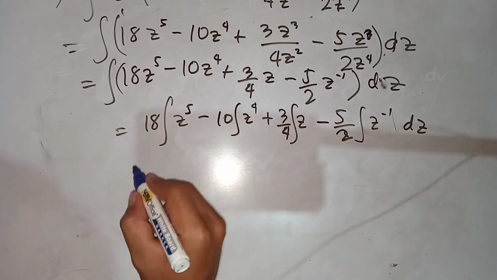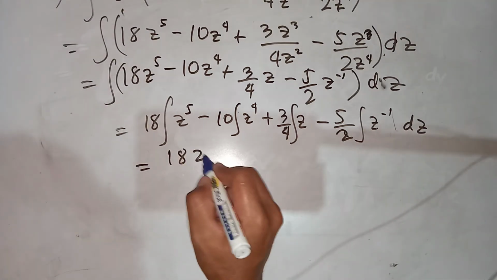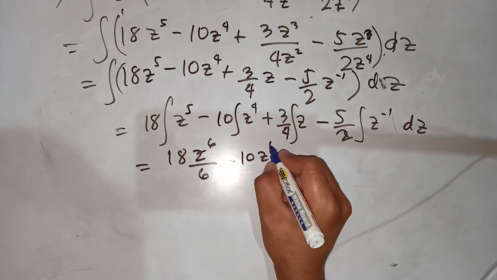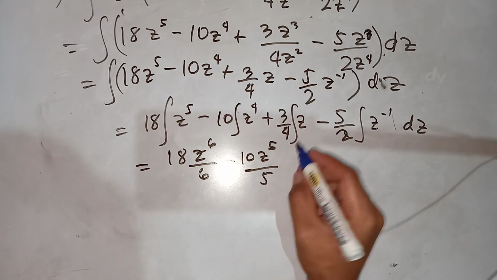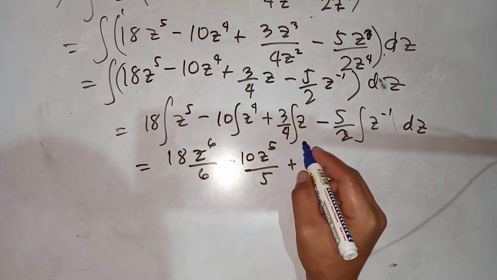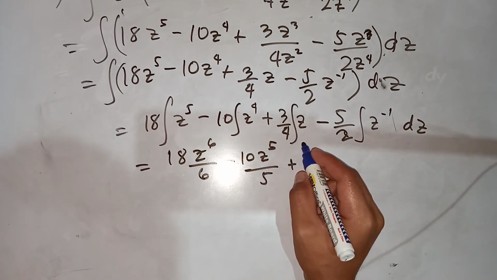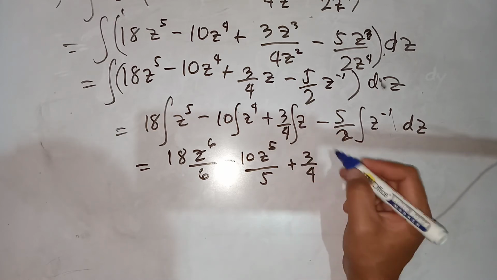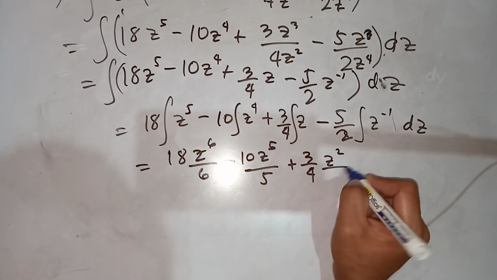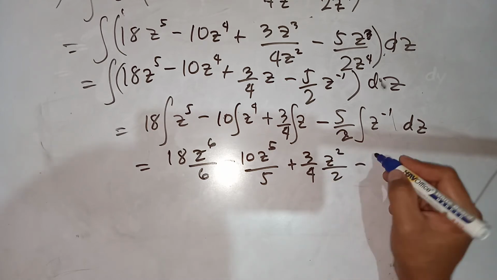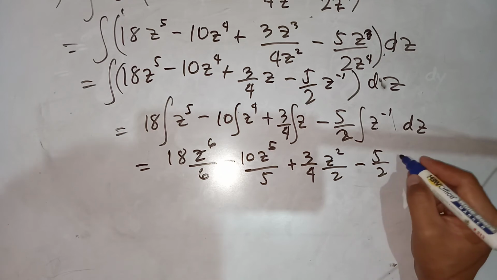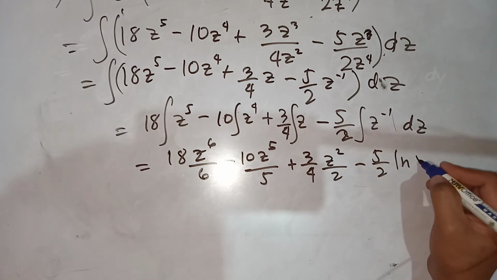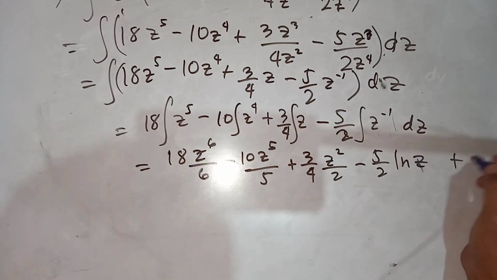This becomes 18 z to the 6 over 6 minus 10 z to the fifth over 5 plus 3/4 integration of z is just z squared over 2 minus 5 halves integration of this is just natural log of z plus c.